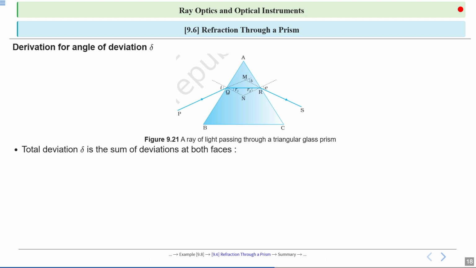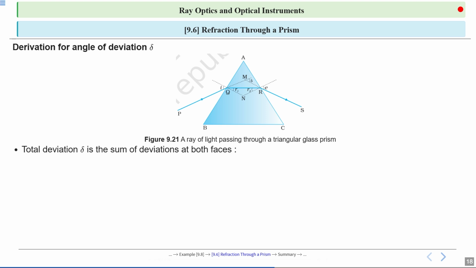Firstly, it is deviating at the AB surface. The light is refracting, so it is deviating from its path. And again, it is deviating when it goes from the prism to the surrounding medium at the AC surface. So it is deviating two times.